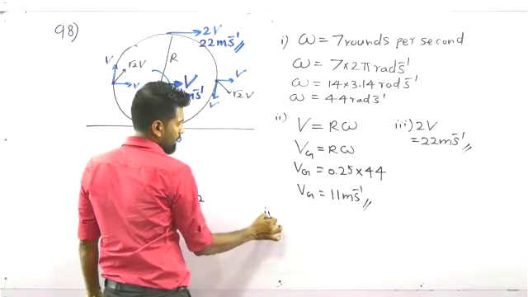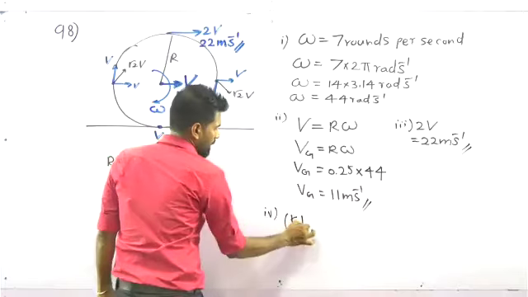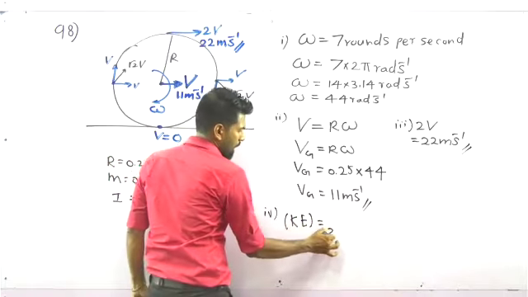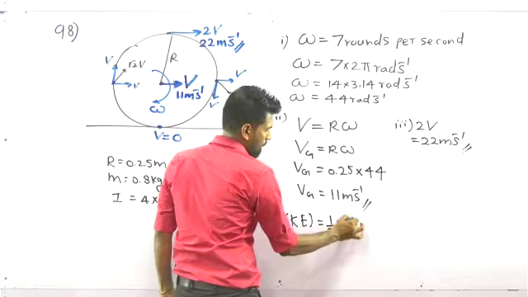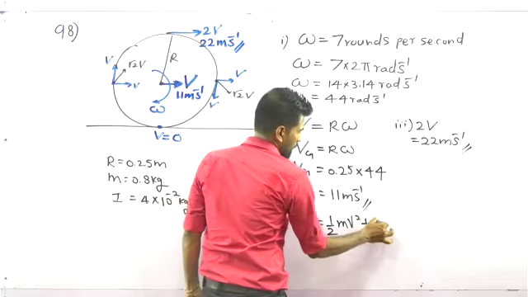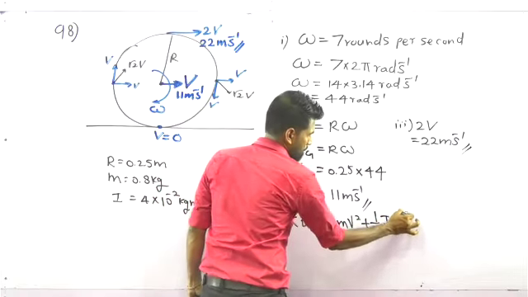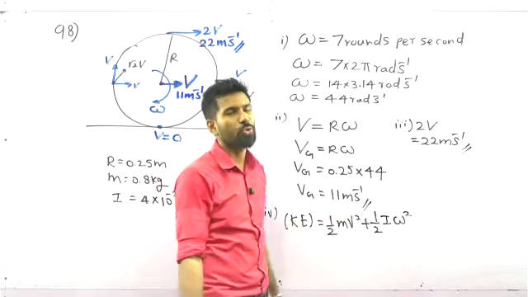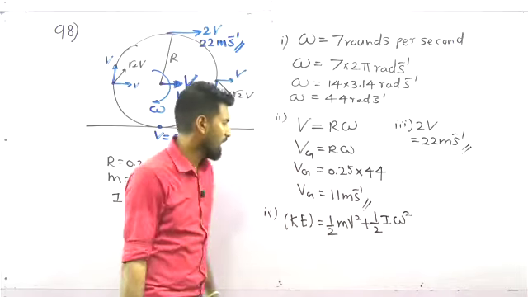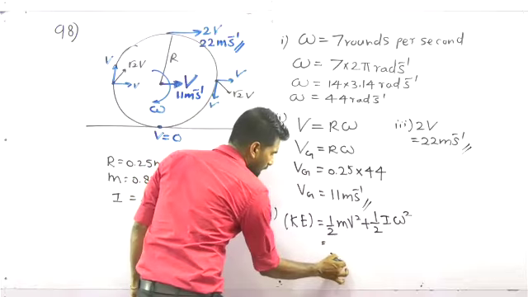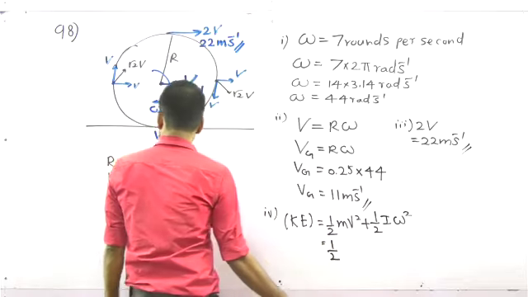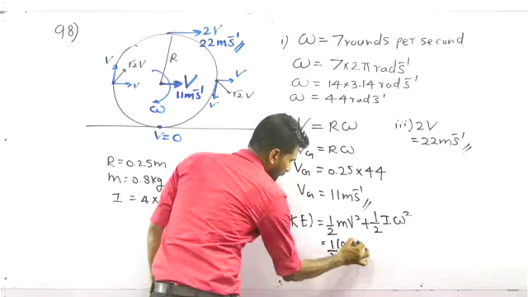The total kinetic energy. Kinetic energy is equal to half mv square plus half I omega square. A rolling contains both rotation and the linear parts. Half mv square, half mass 0.8.